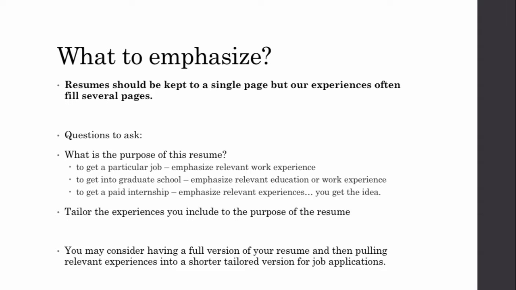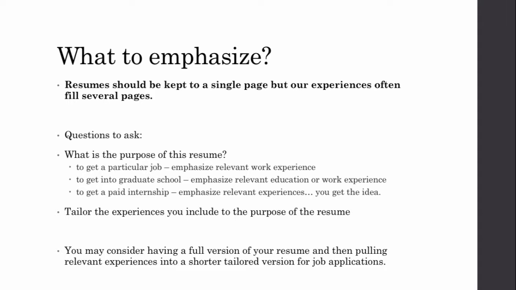And you might want to also consider having a full version of your resume. So you've got a resume that's multiple pages long and it has every work experience you've ever had, every educational experience you've ever had, every social organization or professional organization you've ever belonged to.